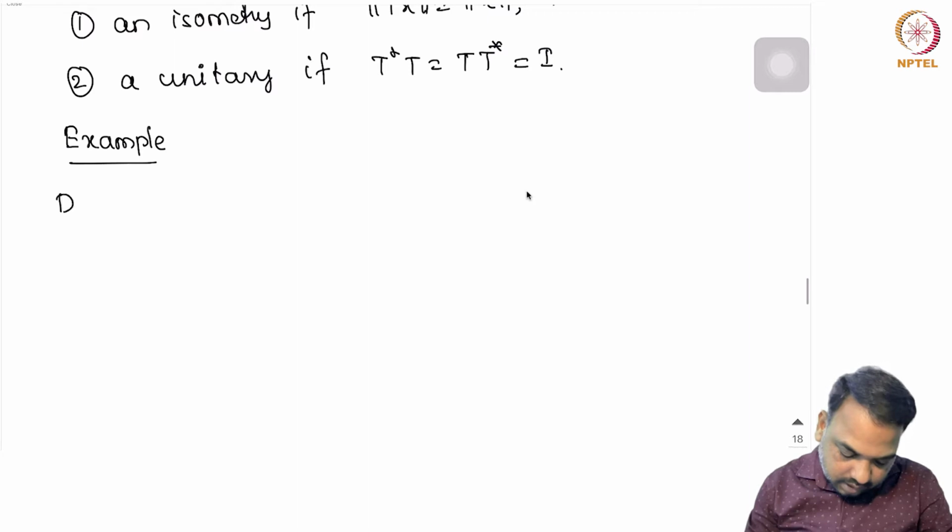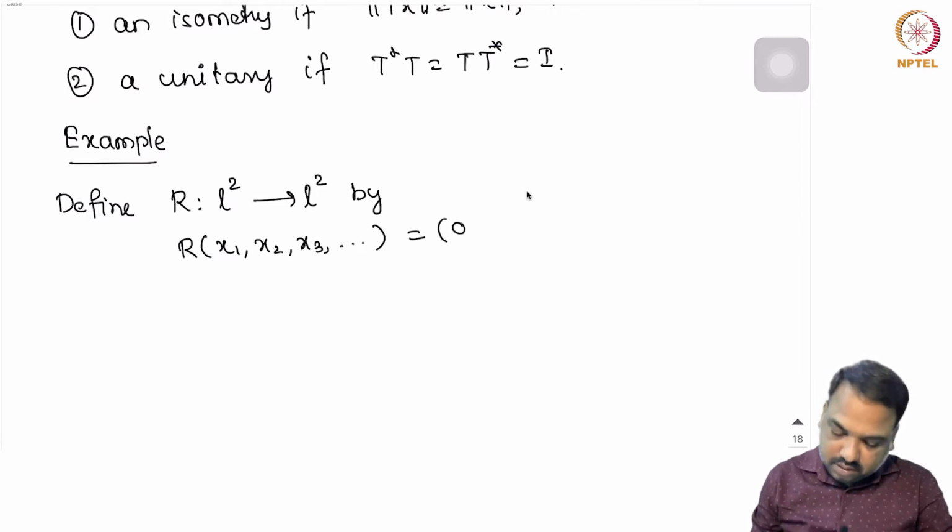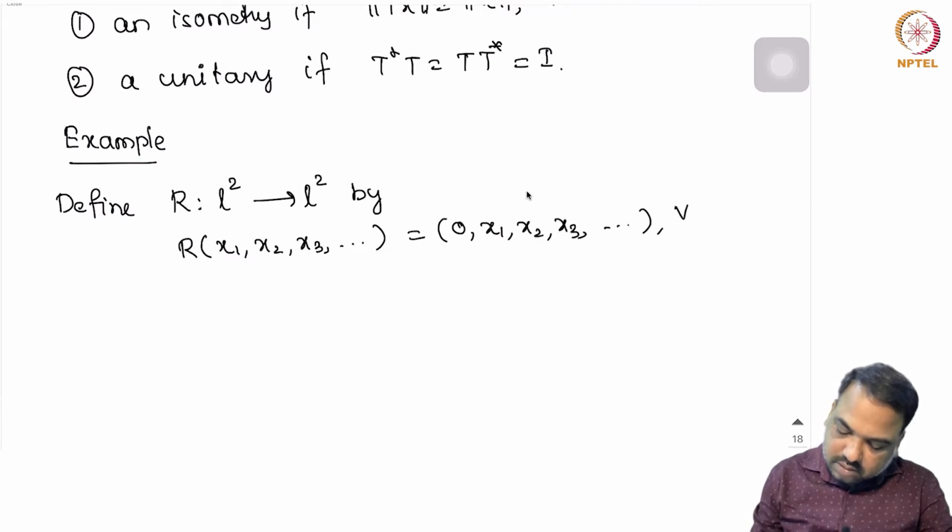So let us look at the right shift operator on L2. R of (x1, x2, x3, and so on) is defined by (0, x1, x2, x3, and so on) for every x in L2.